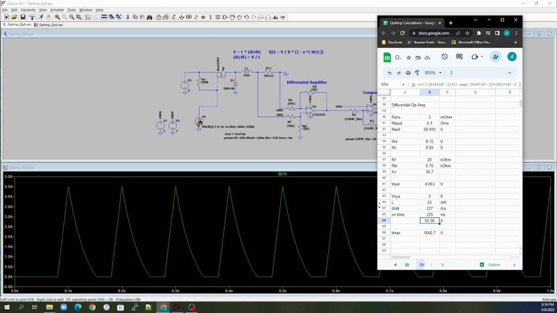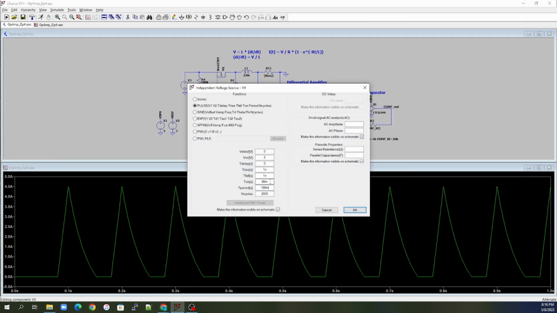So now if I just go in here, I'm going to need an off time of that amount of time. It looks like we need about 3 times as much off as we do on. So if we need about 225, we'll just call this 650 milliseconds, and 650 minus 225 is going to be 425 milliseconds.